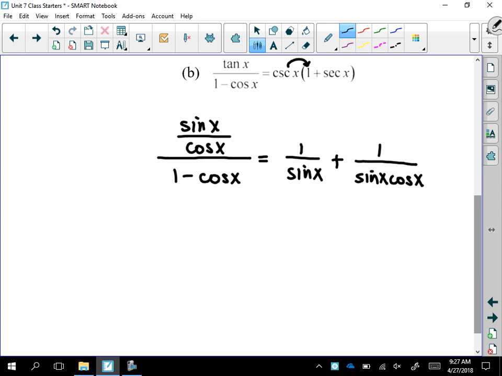All right, on the left-hand side, we have a compound fraction. So what do I need to multiply everything by to get rid of the little fraction? Cosine. So that's going to leave me with sine over cosine minus cosine squared.